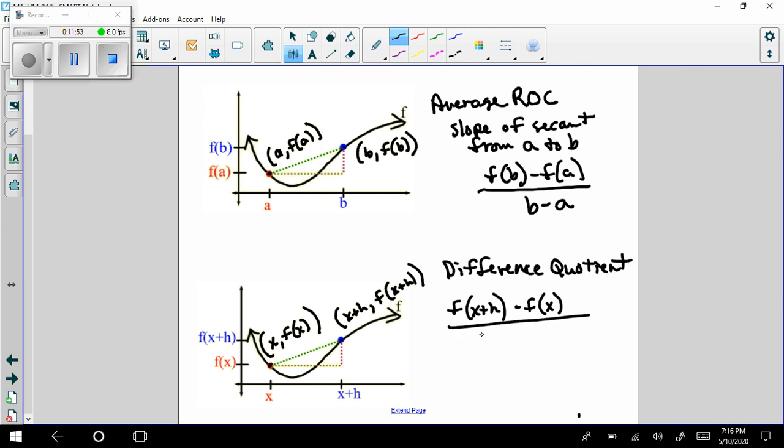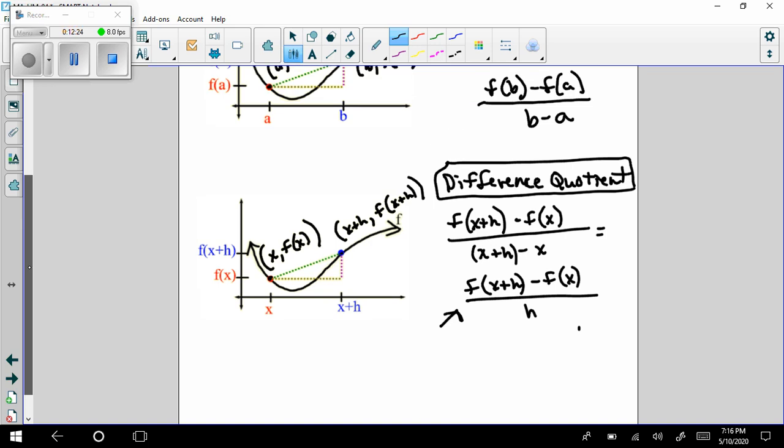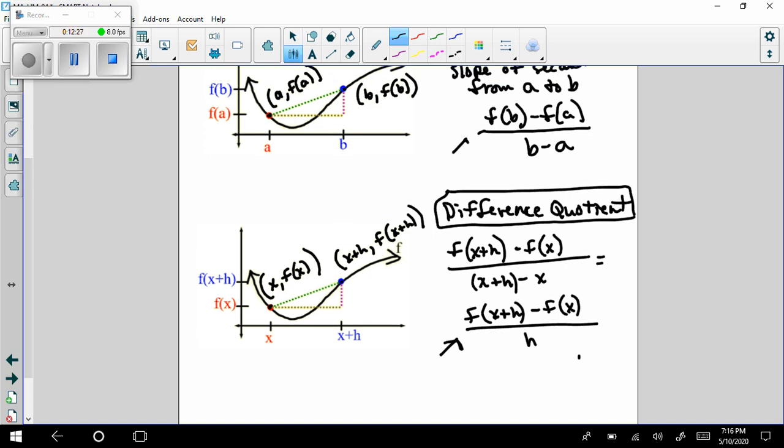Over, it would be X plus H minus X, which simplified ends up to be f of X plus H minus f of X all over H. So this is still the slope of the secant line, except this ends up with an equation because we have X's and H's in our function. When we're doing the slope of the secant in this form, then we have numbers.